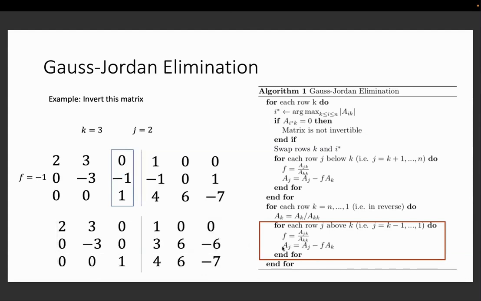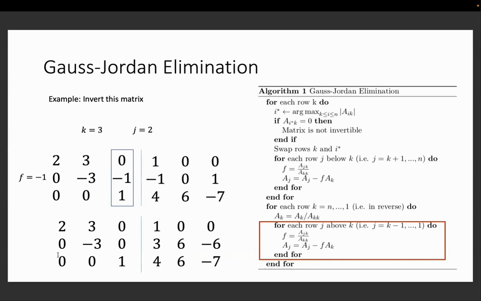And then we need to subtract AJ by F times AK, and then replace the result by AJ. So A2 is equal to A2 minus, no, plus AK, which is A3.